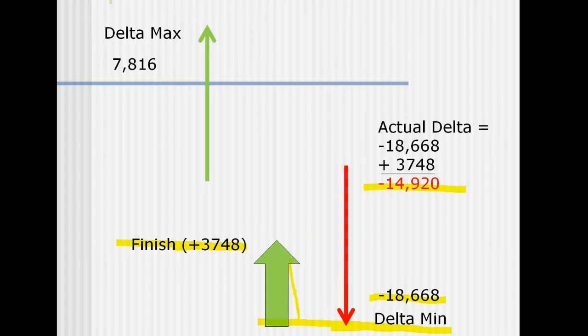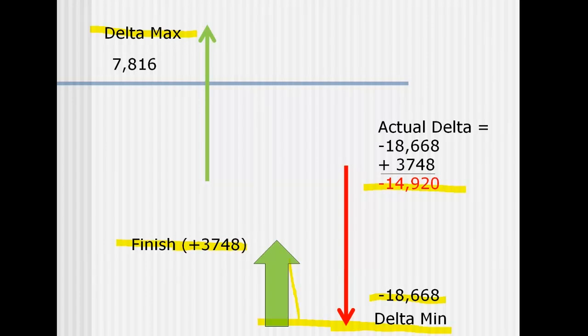In this case, we reached the delta max first, and then towards the end, we were at the delta min. So ultimately, what it's telling me is the sellers did overcome the buyers. There were buyers in the beginning, but those buyers made a battle stand that brought them all the way up to a positive delta of 7,816 at one point in time.